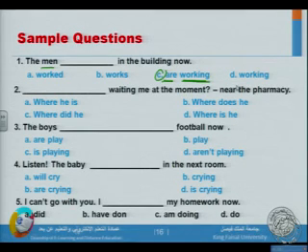Waiting me at the moment near the pharmacy. Where is he waiting? Where is he waiting? حكينا هي الجملة كانت في البداية he is waiting me at the moment. هذه في الأصل. لكن لما نعمل سؤال we should invert verb to be with the subject. Okay?